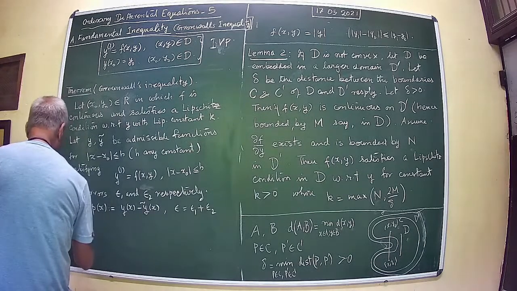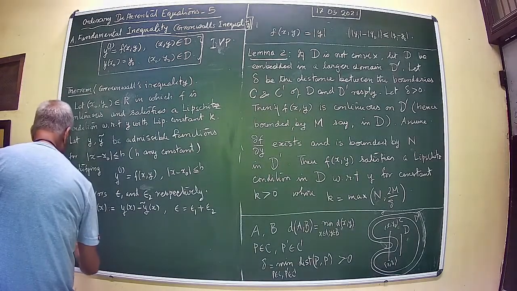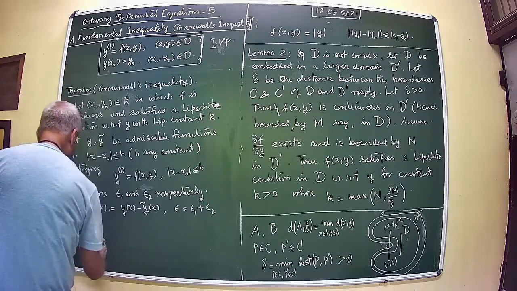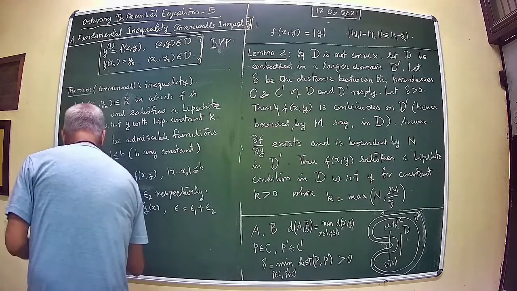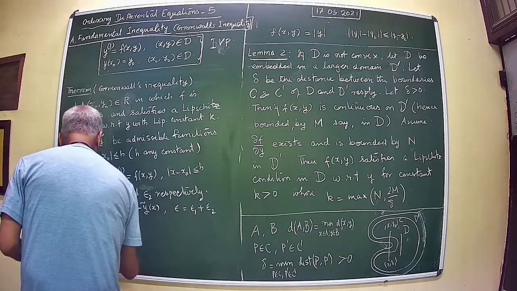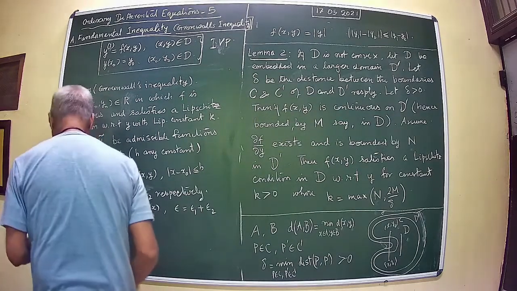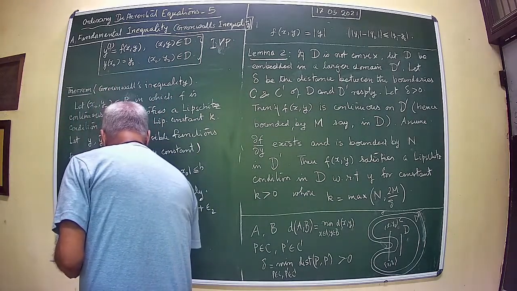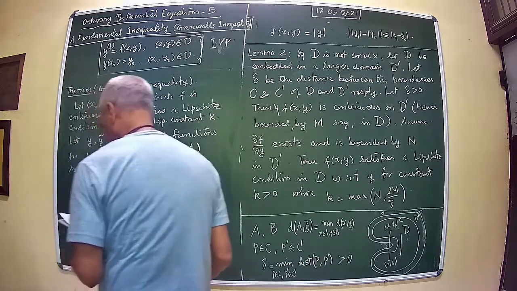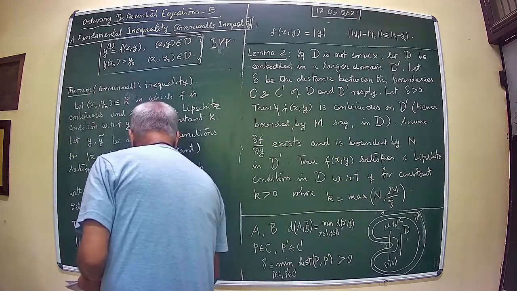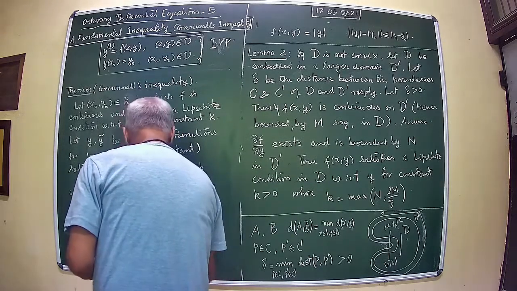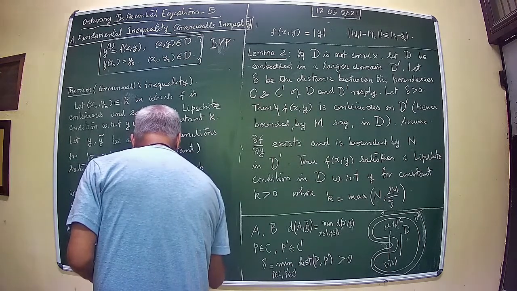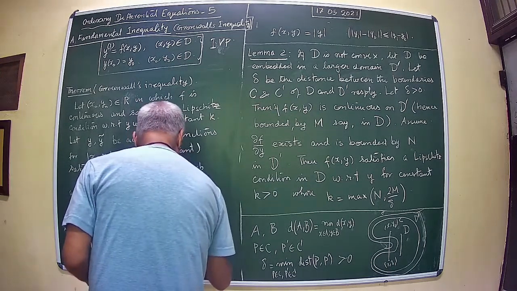Then mod P of x is bounded by e to the power k mod x minus x naught times mod P of x naught plus epsilon divided by k, where k is the Lipschitz constant, times e to the power k mod x minus x naught minus 1.